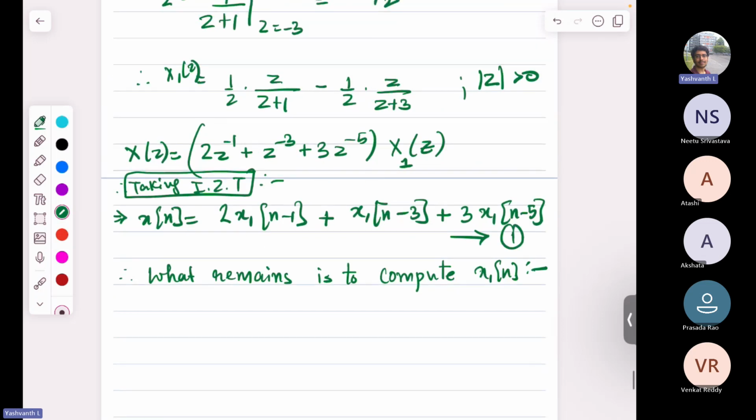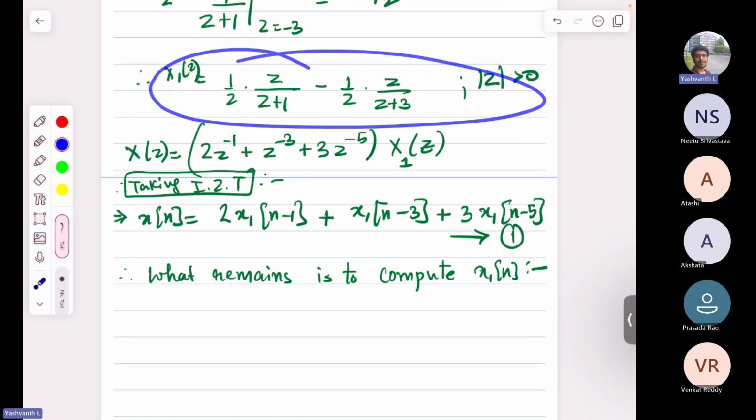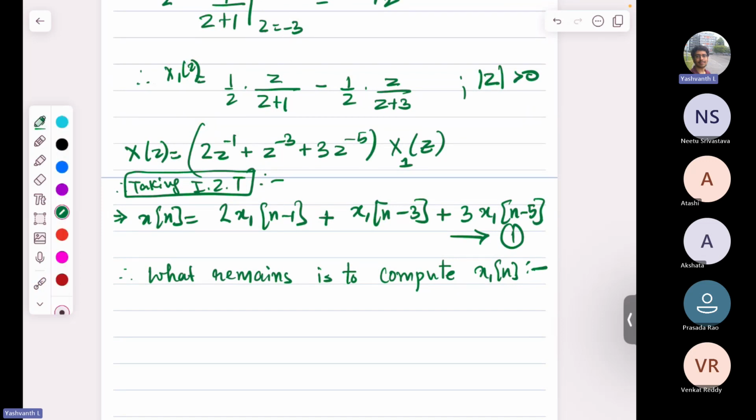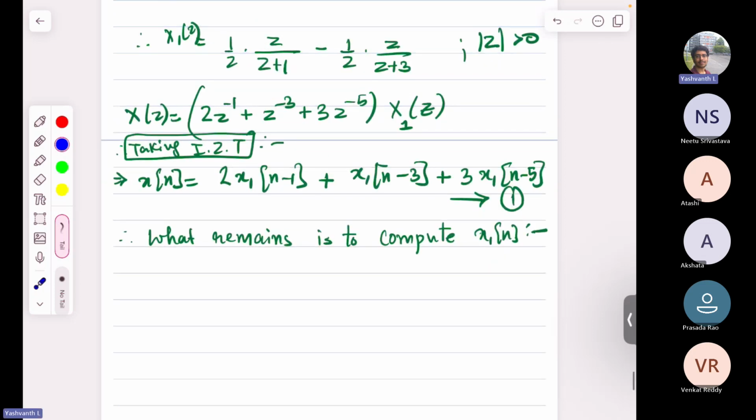How is x1 of n computed? Just take the inverse z transform of X1 of z. It's given that mod z is greater than 0, which is the exterior of a circle of zero radius. Therefore, it should be a right-handed signal.